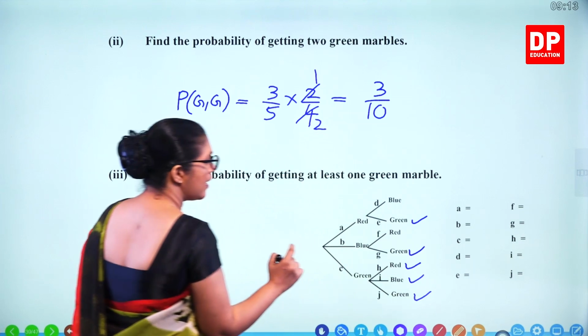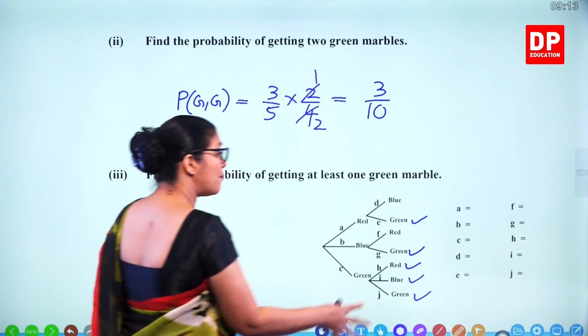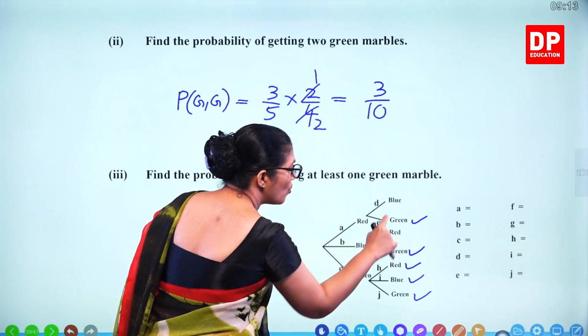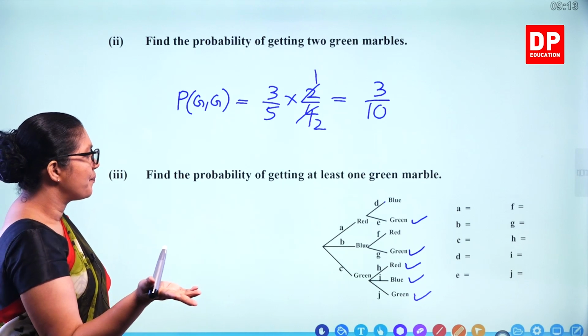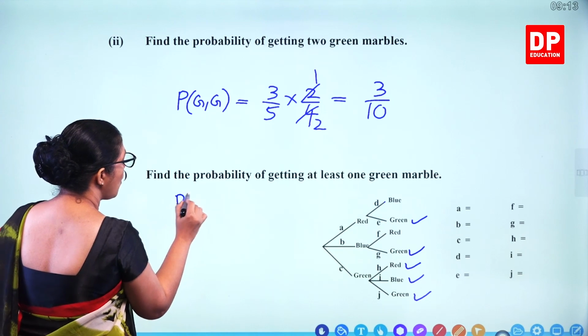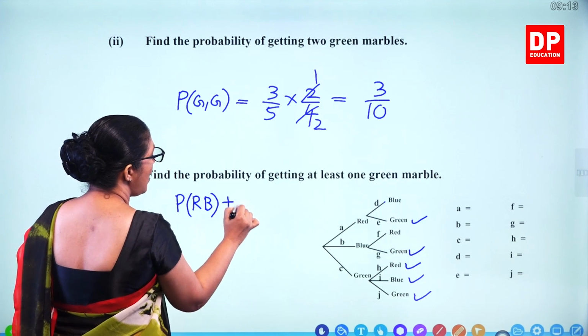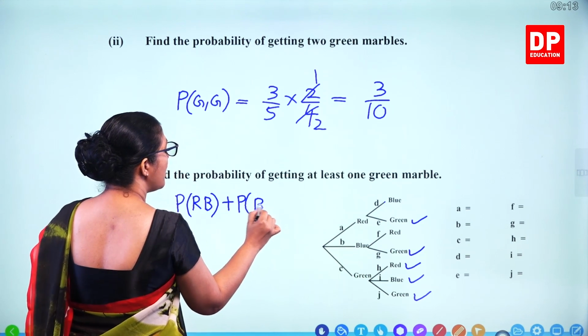Green-green, okay. So, 1, 2, 3, 4, 5. 5 possibilities are there, but if you can find out these 2 other possibilities and subtract from 1, it is easy. So, what is the probability of getting red and blue, and probability of getting this branch blue or blue and red?